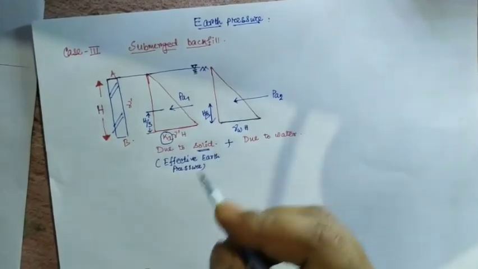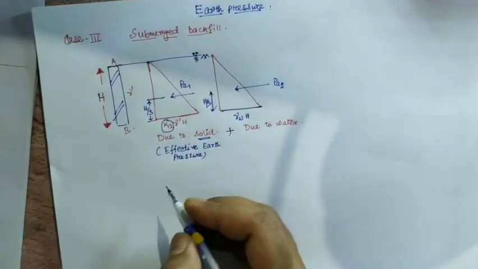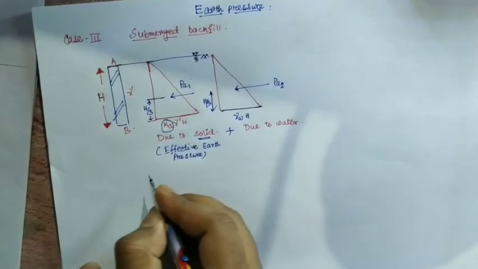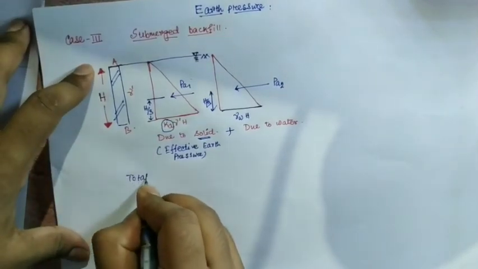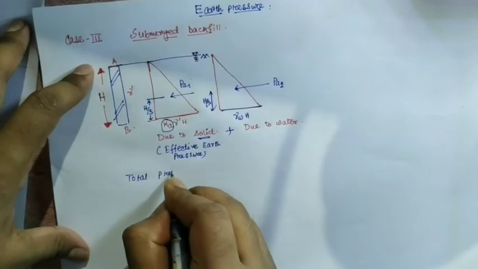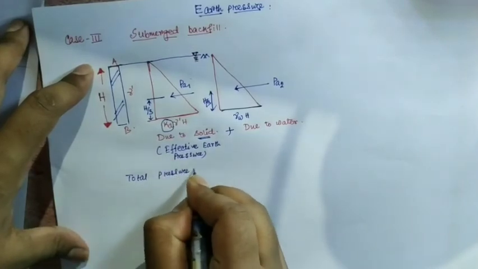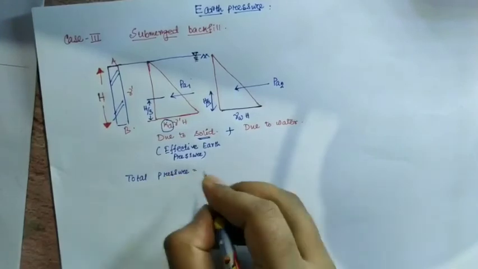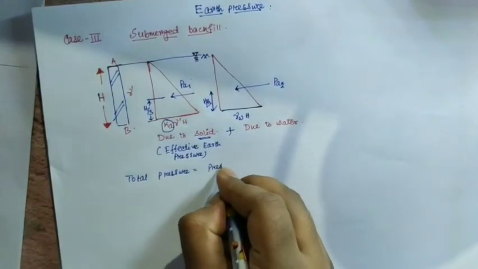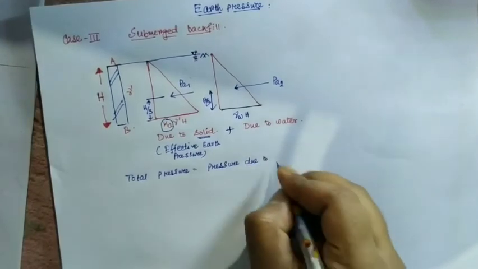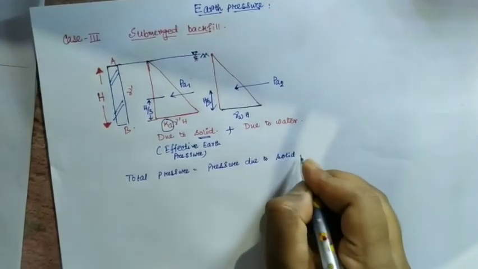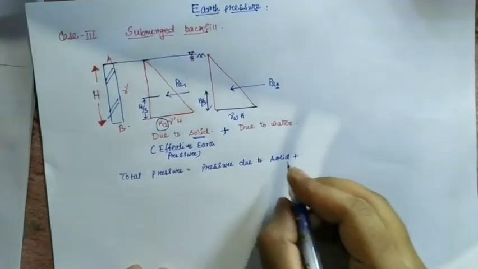Now look, the total pressure we can simply write as pressure due to solid and pressure due to water.